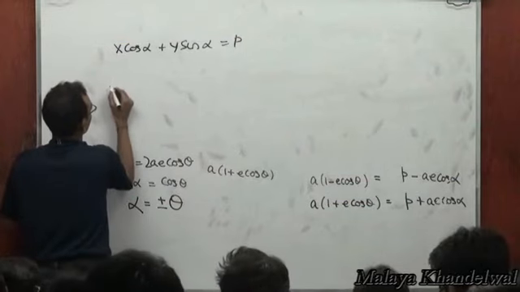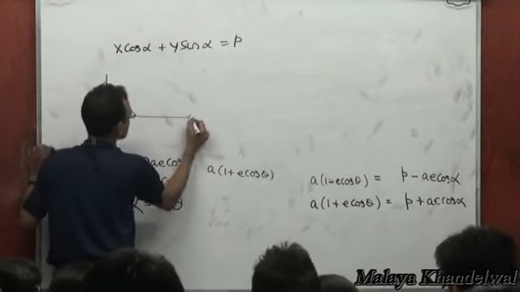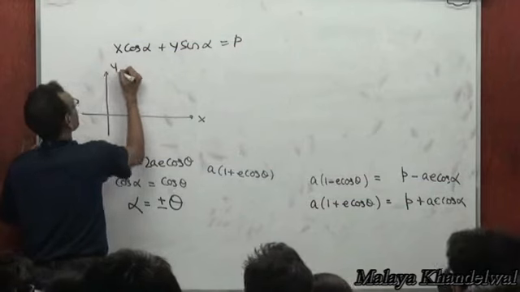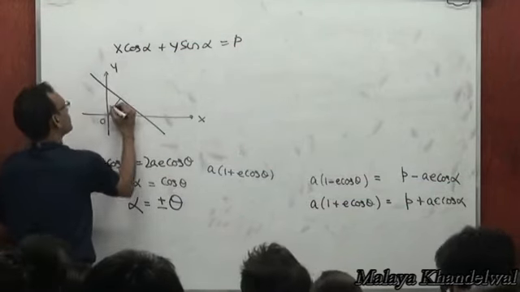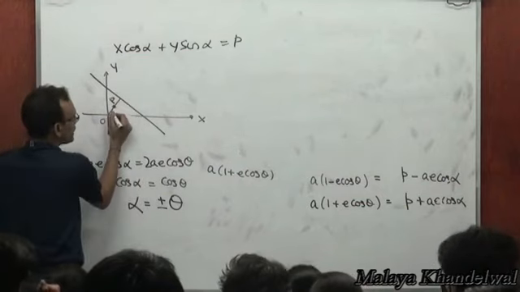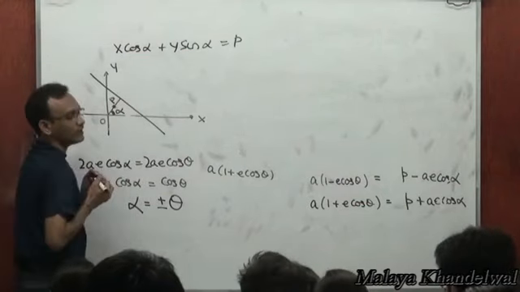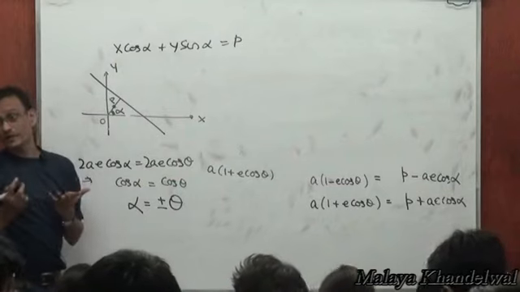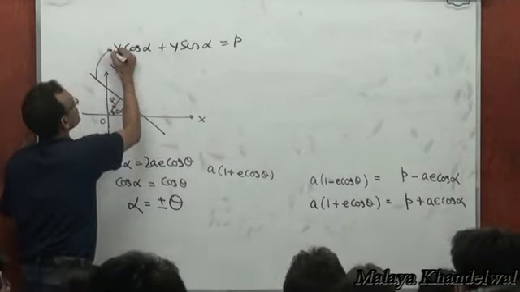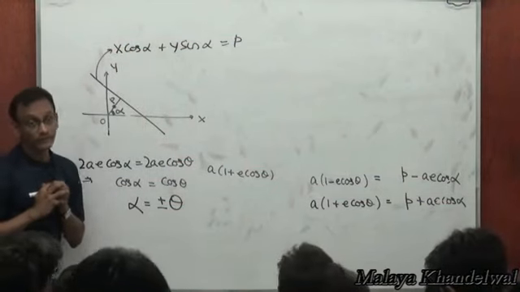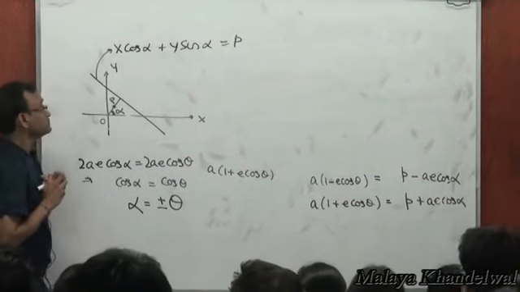If this is the x-axis and the y-axis, then from O, if you draw a perpendicular, the perpendicular would be of length p, and it would enclose an angle alpha with the x-axis. That's what it means. Then this line would be x cos alpha plus y sin alpha equal to p, right?